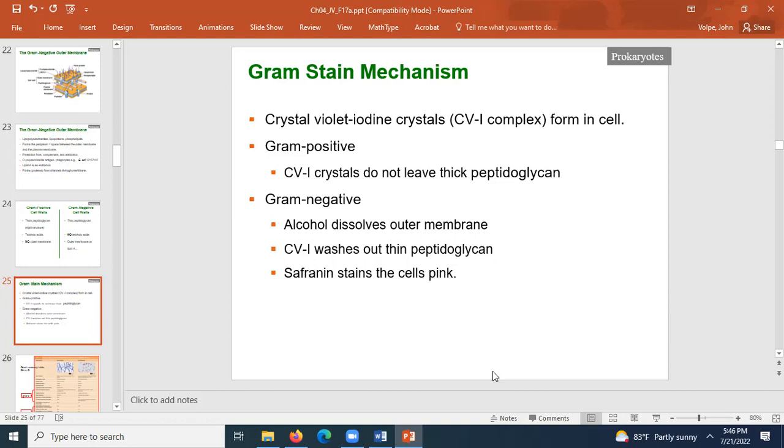In the gram-negative cells, the crystal violet iodine complex washes out of the thinner peptidoglycan layer. And then the alcohol in the decolorizing step destroys the outer membrane.